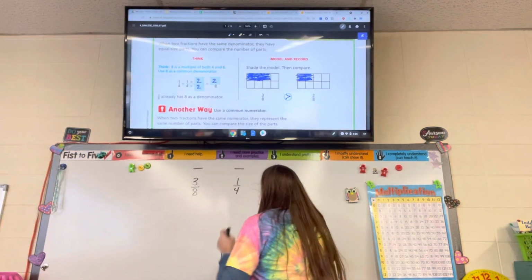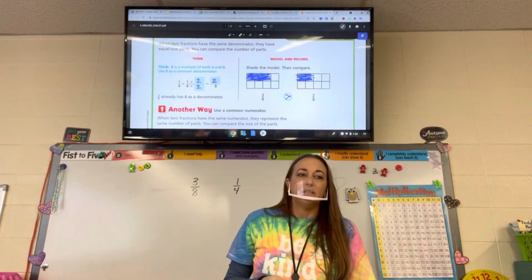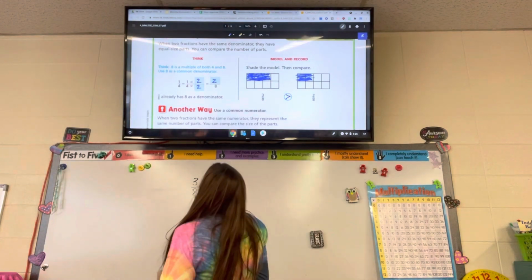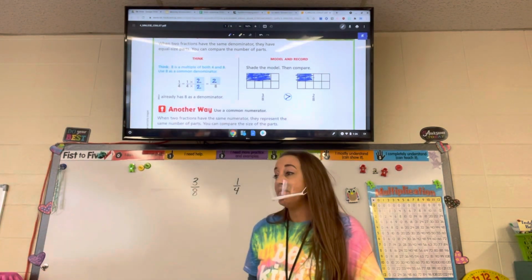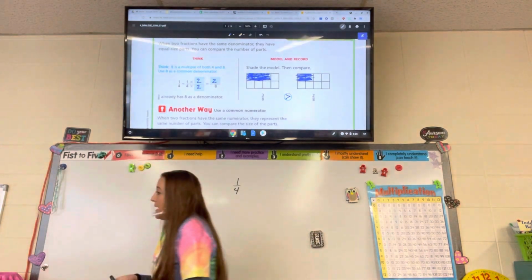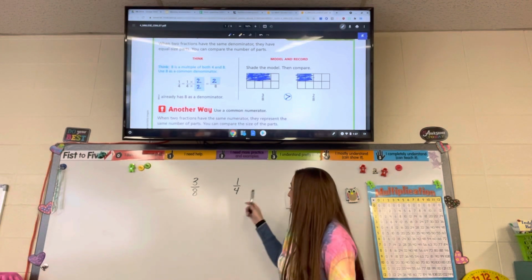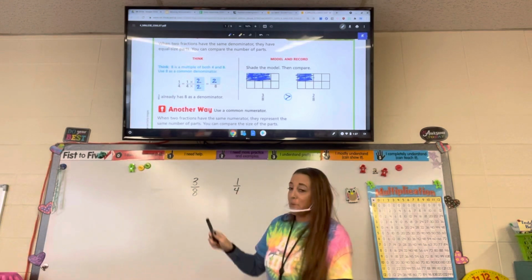Make sure you're writing what I'm writing. Okay, so that's one way we can do it, is to find a common denominator. A denominator that's the same on both. Another way to do it is a common numerator, and we've not talked about that before. So, ask yourself, is there something I can multiply 1 times to get 3? 3.